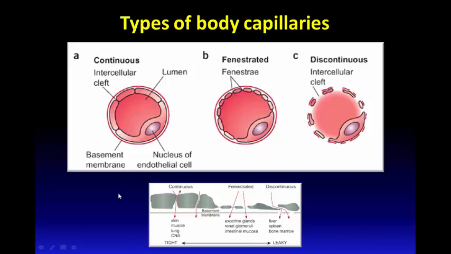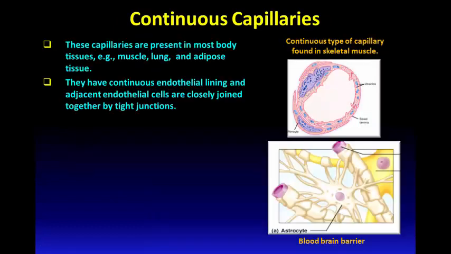Now, let's describe these three types of capillaries in more detail. Continuous capillaries are the capillaries which are present in most body tissues. For example, these are the capillaries which we have in the capillary beds in skeletal muscles, in the lung, and also in the adipose tissue.